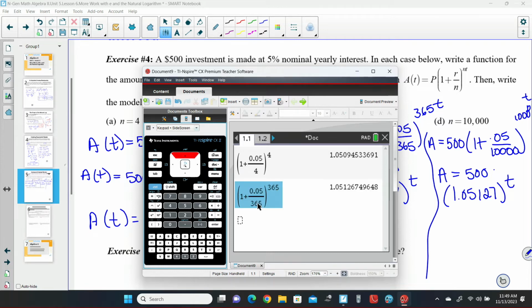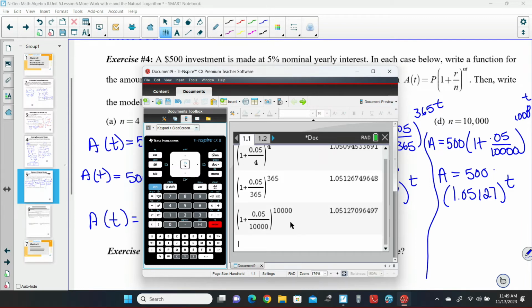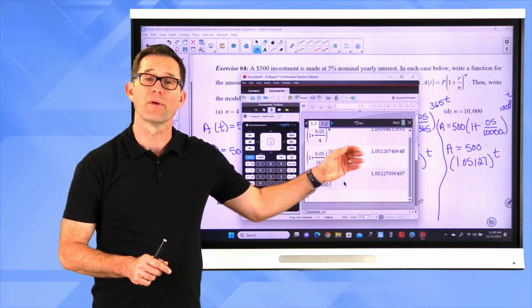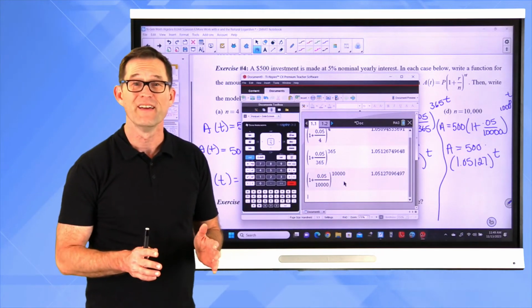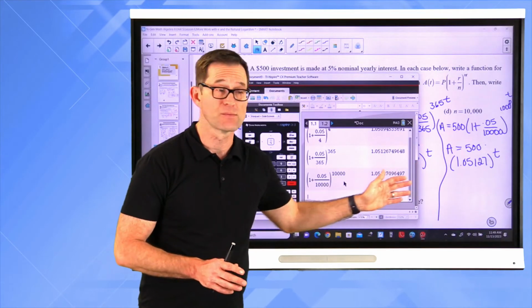But now if I change this to 10,000 and the exponent to 10,000, both of them round to the same thing at 5 decimal places, but they are a little bit different.